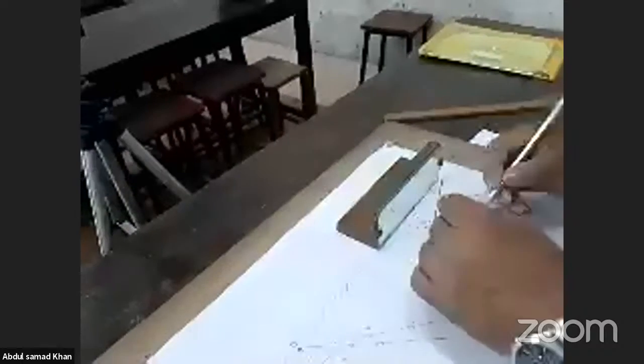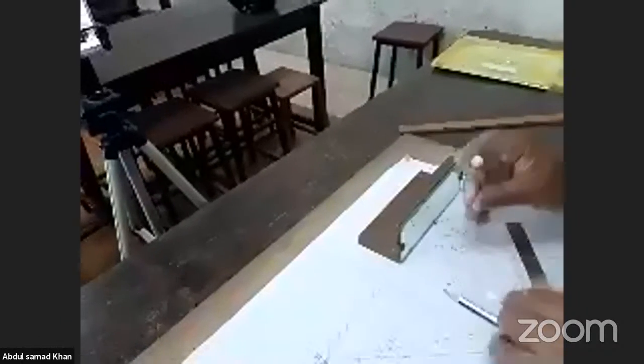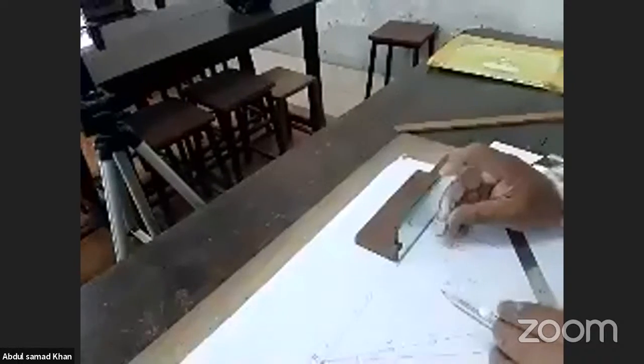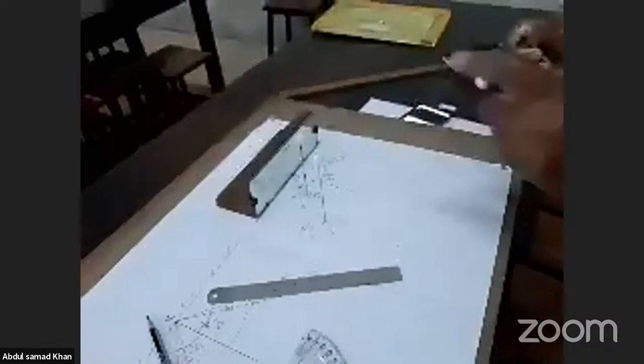the incident ray, and first of all you have to encircle it. Look at this now. You have to coincide properly all these 4 pins.